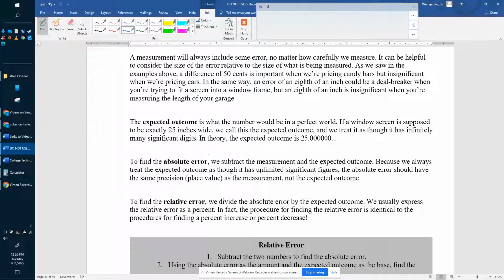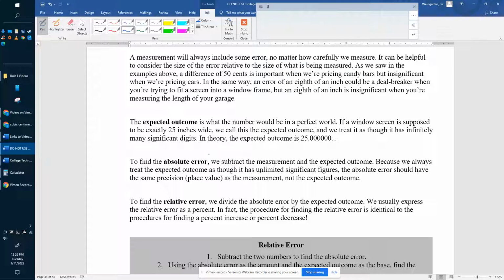So if we're talking about how a candy bar should be exactly 5 inches long, we know that in the real world, it's going to vary a bit. But in a perfect world, it should be 5 inches long.